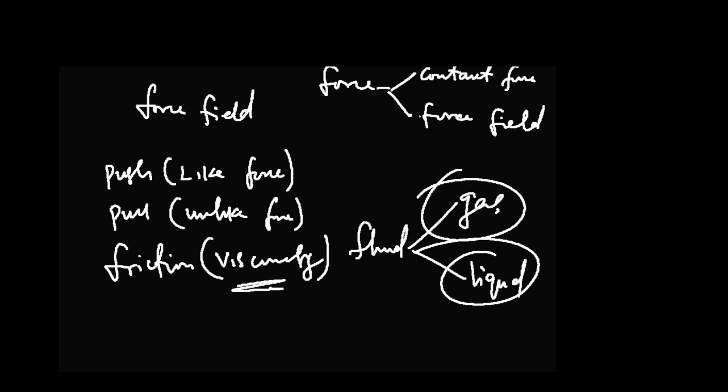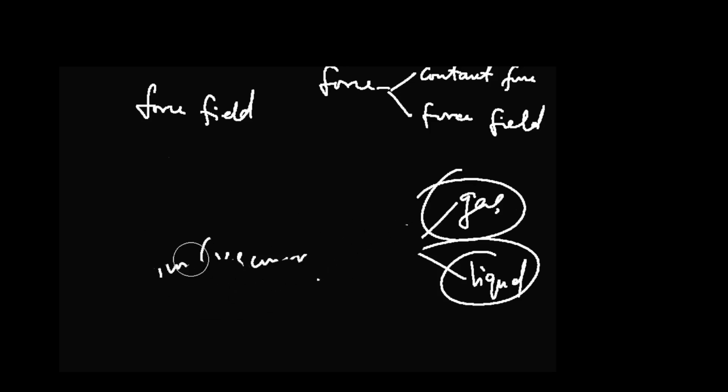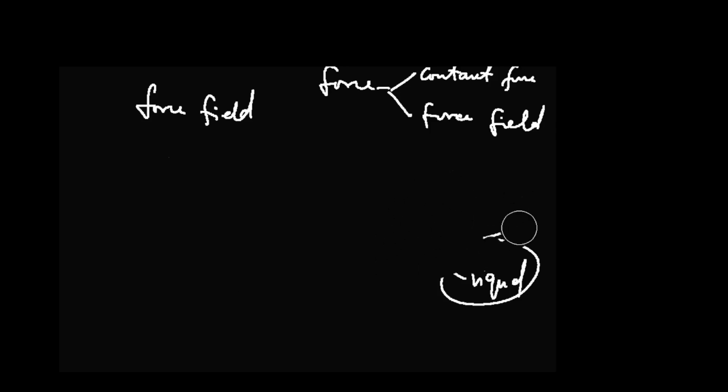Now, we have understood the branches of the contact force. Let us look at that of force field, which is what we really want to look into. We say contact force is divided into three: push, pull, and frictional force.